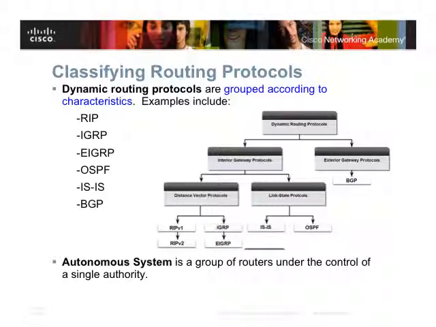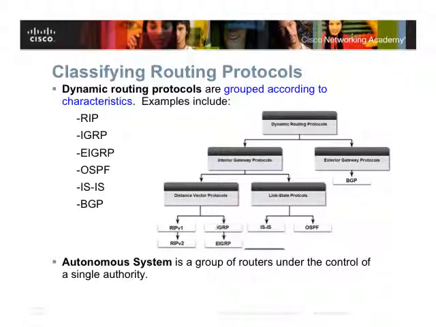Okay? So in order for us to limit or make the routing protocols scalable, we define the concept of autonomous system. What this autonomous system defines is a boundary of a specific group of routers which lie under the authority of one owner or one person.